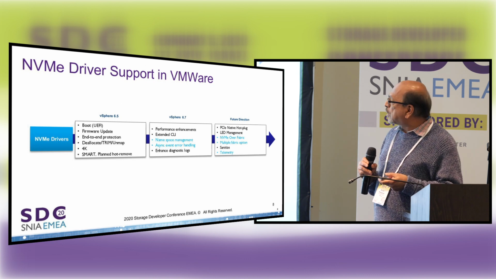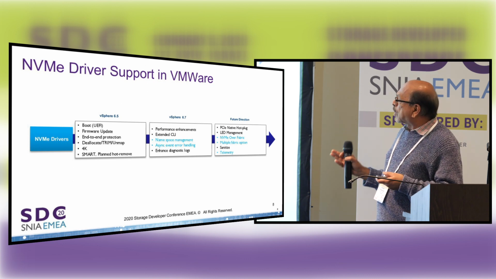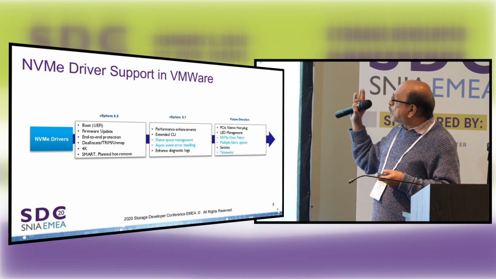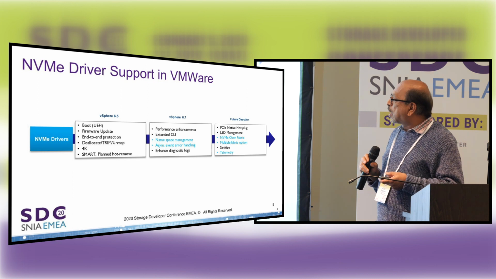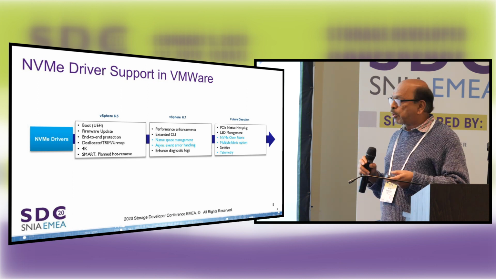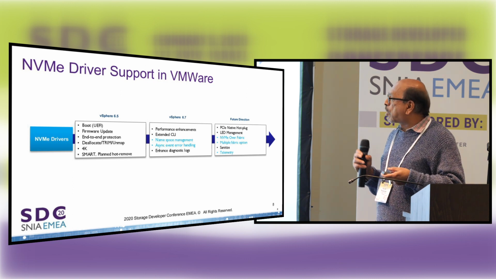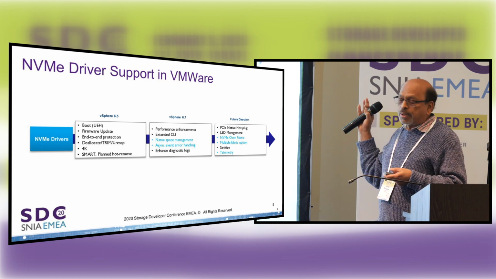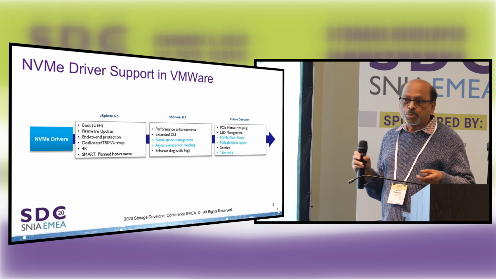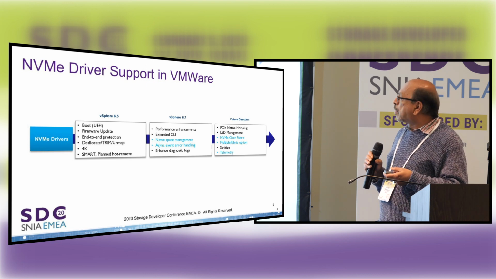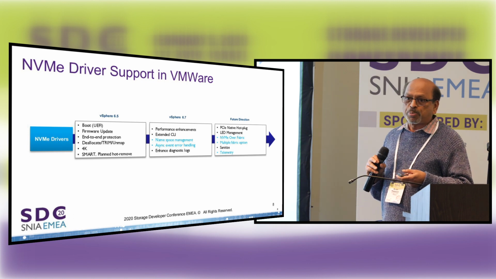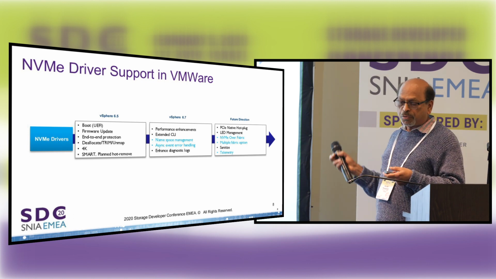That's an important feature in NVMe. In future, which is right around the corner, but I can't talk about the date, we'll be supporting NVMe over Fabrics. Like I said, we'll be supporting RDMA and Fibre Channel, and in future, we'll most likely support TCP. We have a whole list of NVMe features that we'll be supporting, including reservations, which is coming in future.